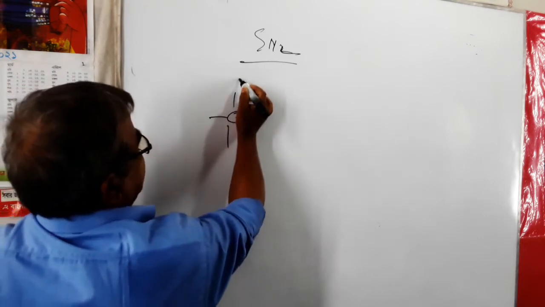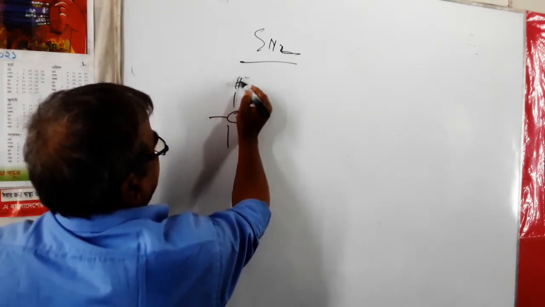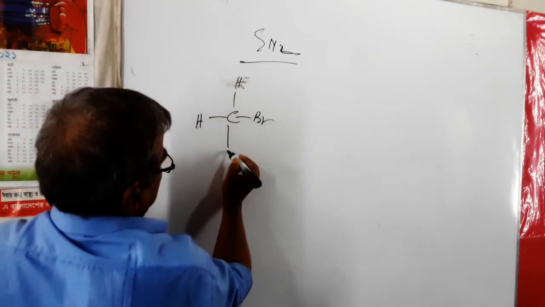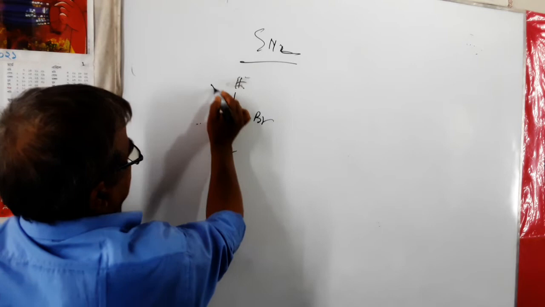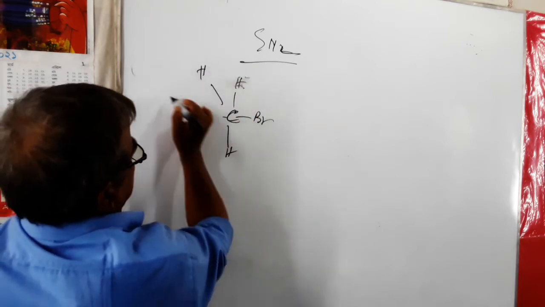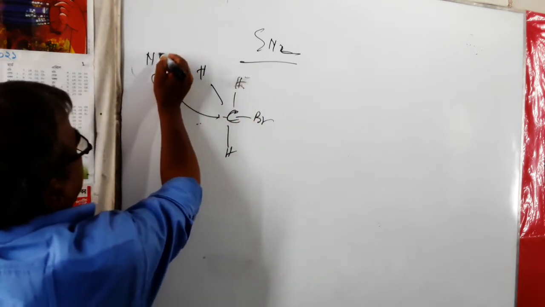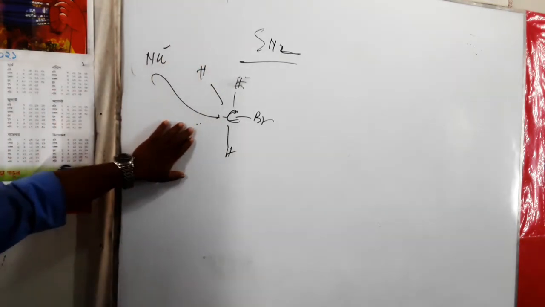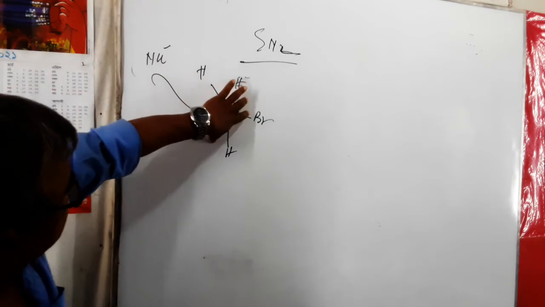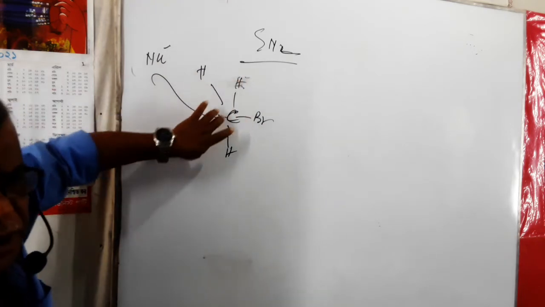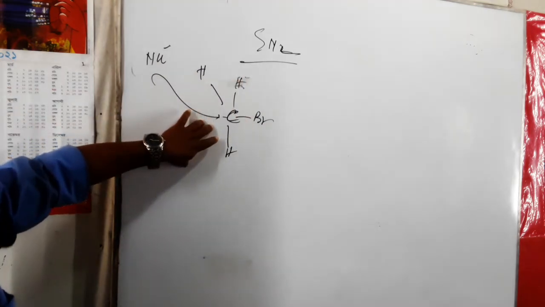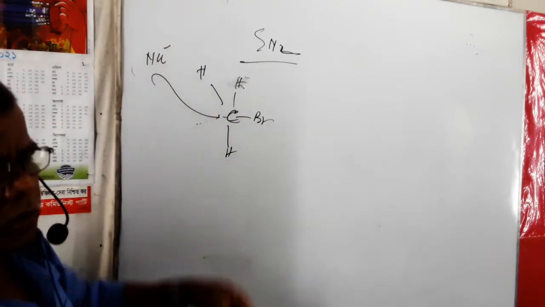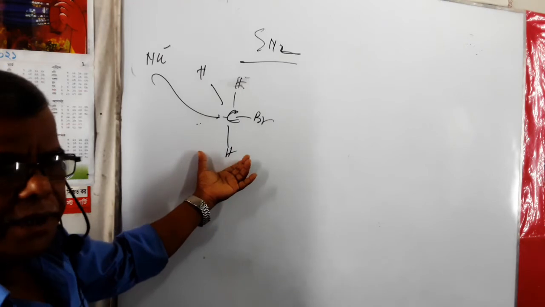In the case of methyl bromide, the nucleophilic reagent attacks at the back side of the carbon, because here the electron density is lower, and no other methyl group is attached to the carbon, that is 1 degree.